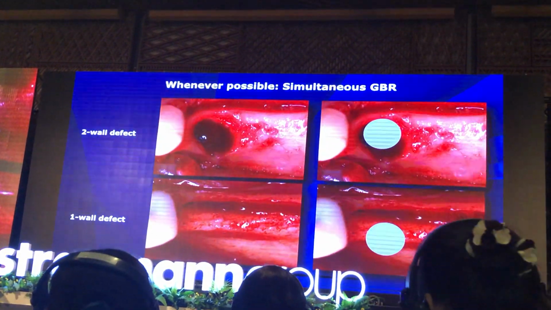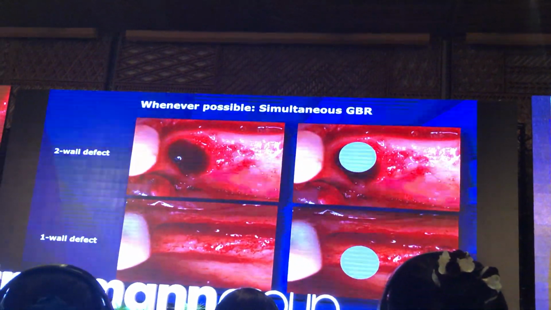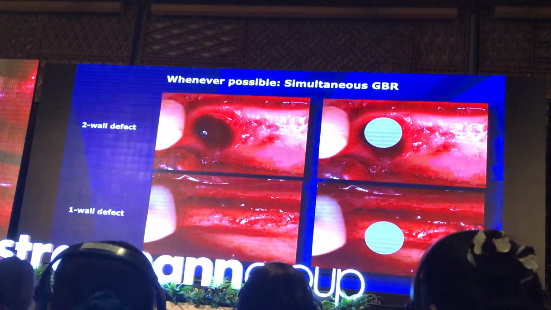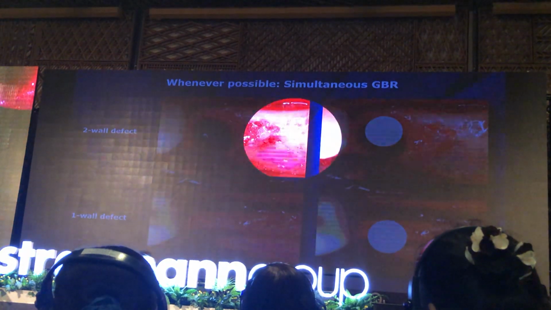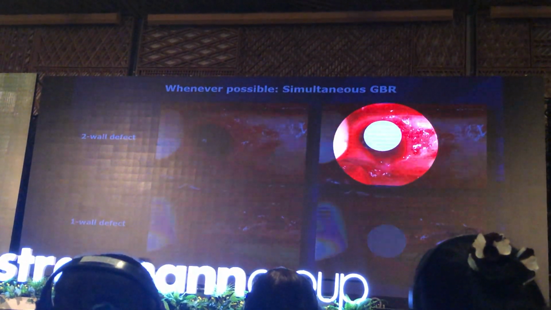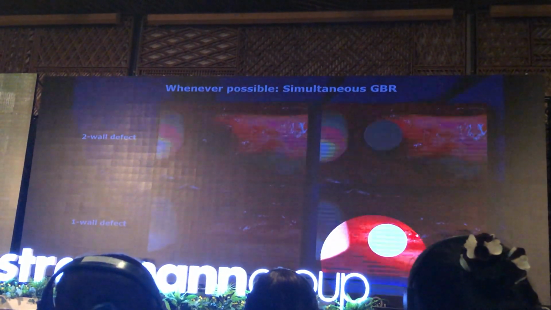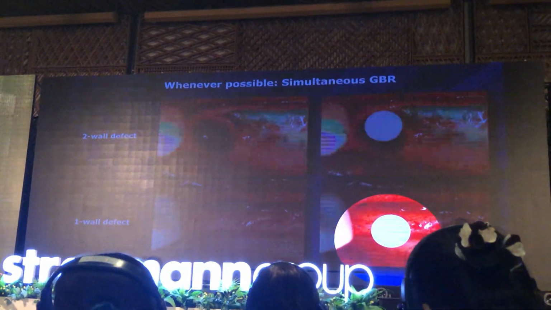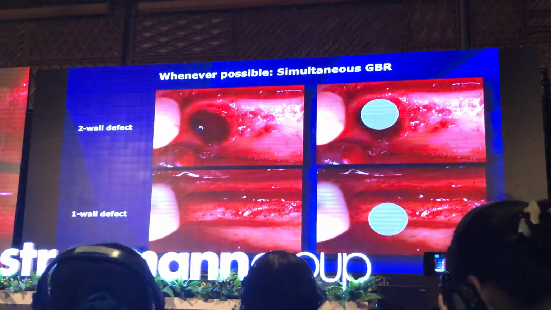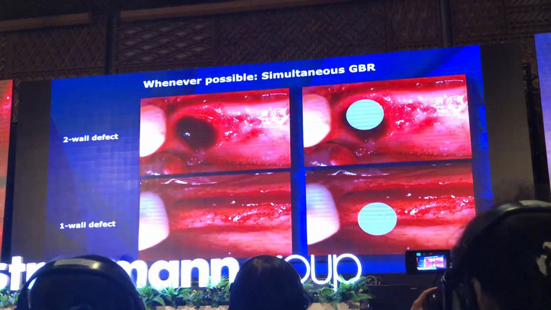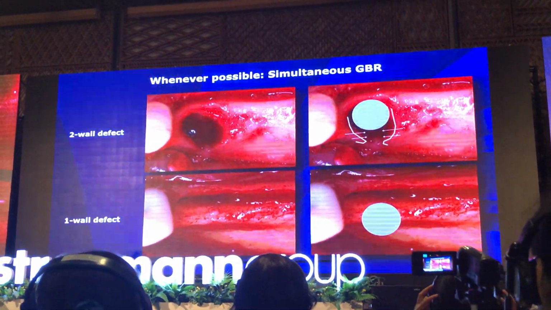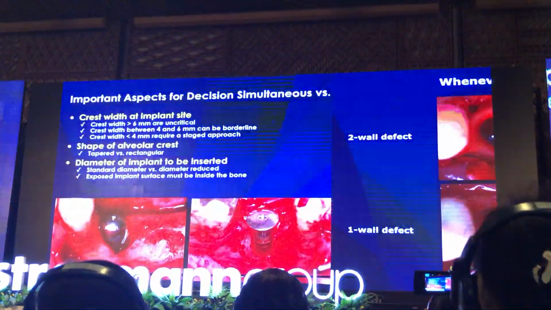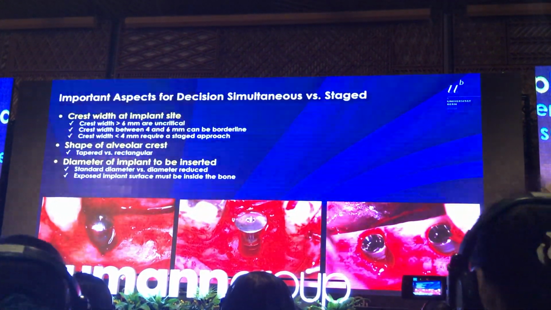That means there is enough bone width to have a two-wall defect. That's what you see here on top, a two-wall defect. That's a one-wall defect, so the implant is outside the bone. You should not place implants in these situations. Very important differentiation.